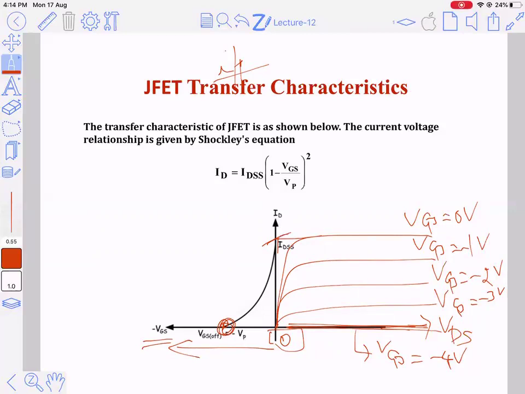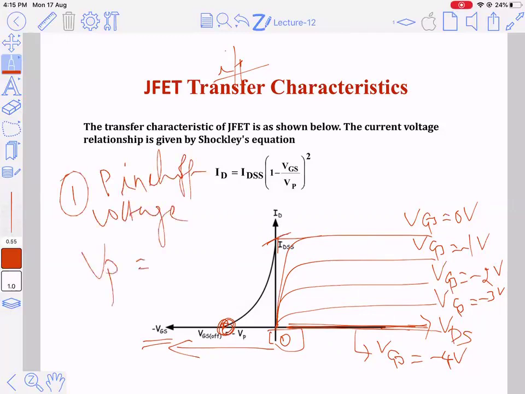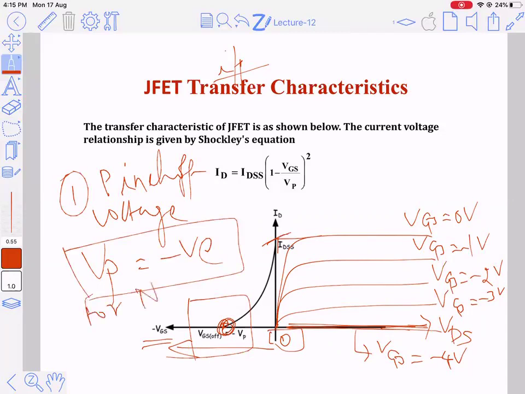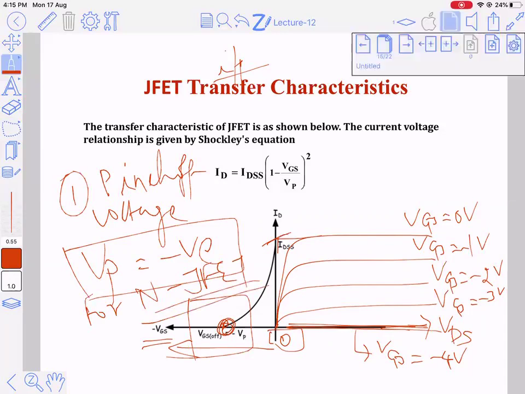Right? So the first thing that we note is that pinch off voltage VP is negative for N channel JFET. Remember this.